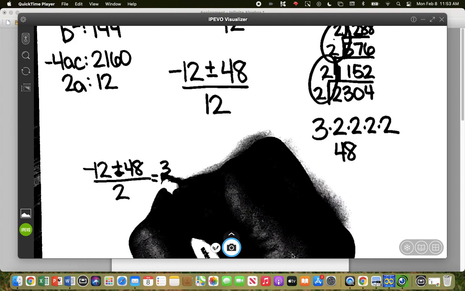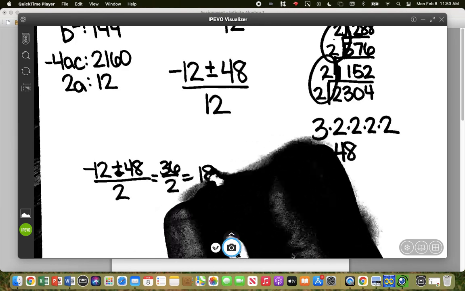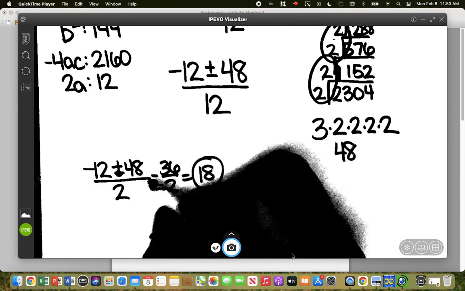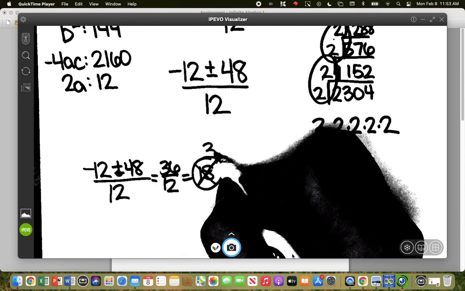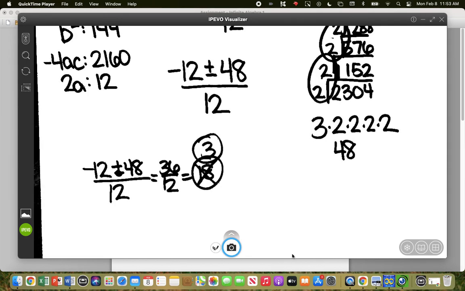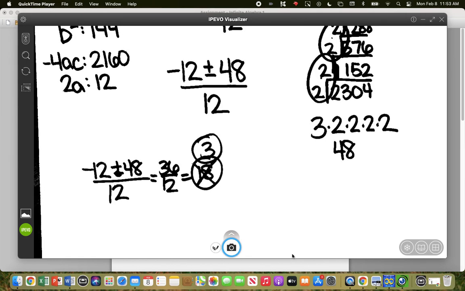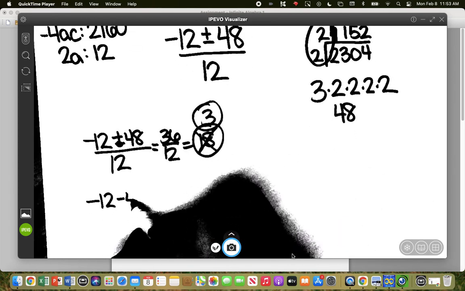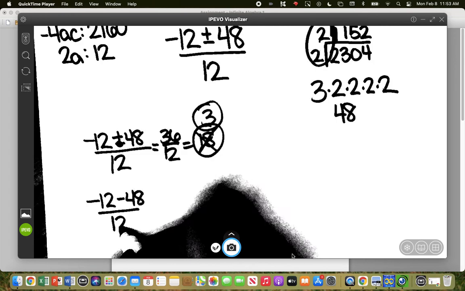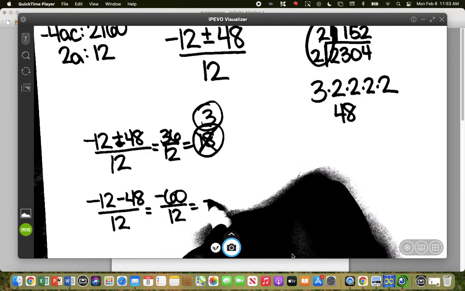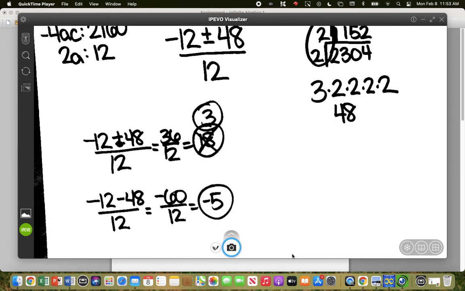So then you would get 36 over 2, which is 18. That's one answer. 12. Sorry, never mind. 3. You guys like that answer better? Yeah. All right, sorry. See how easy that is to just make a mistake on your denominator? All right, then the second answer, you would take negative 12 minus 48 divided by 12, which is negative 60 divided by 12, which is negative 5.